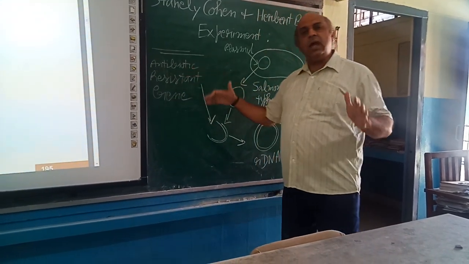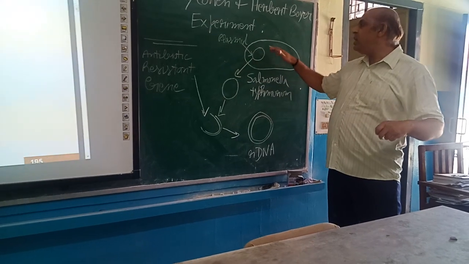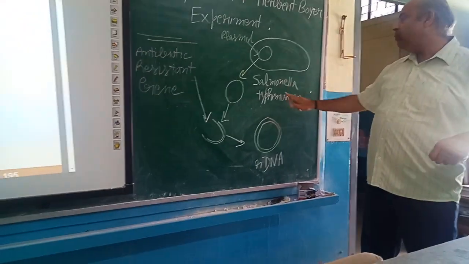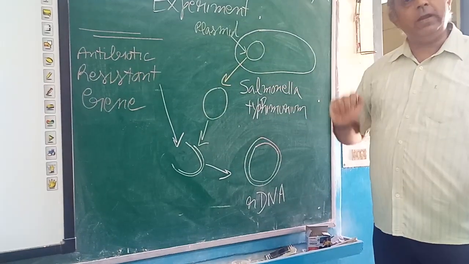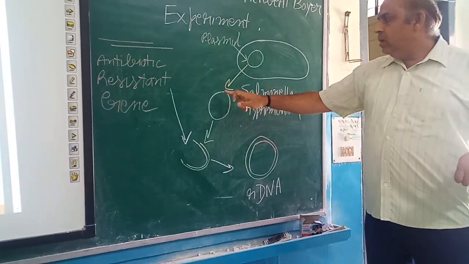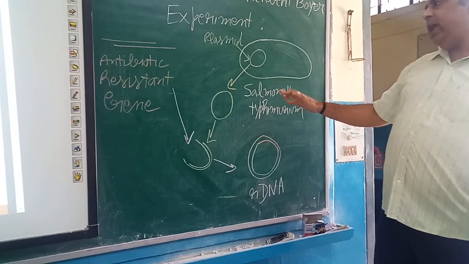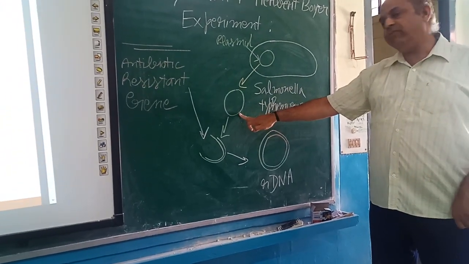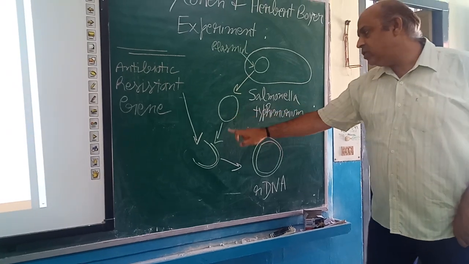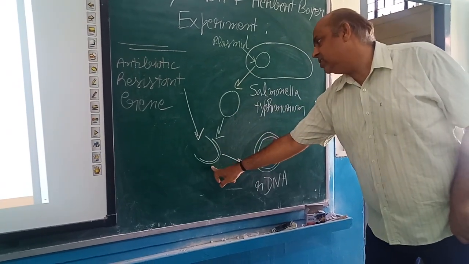The same restriction enzyme was used when they isolated the plasmid of Salmonella typhimurium for their experiment. With the help of the same restriction endonuclease, they cut the plasmid of Salmonella typhimurium. It gets open like this.